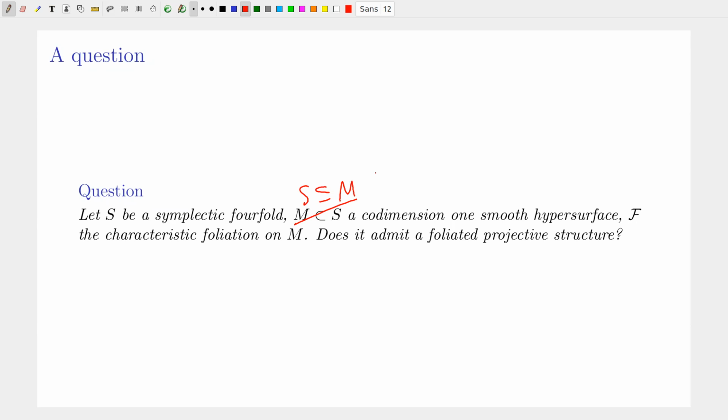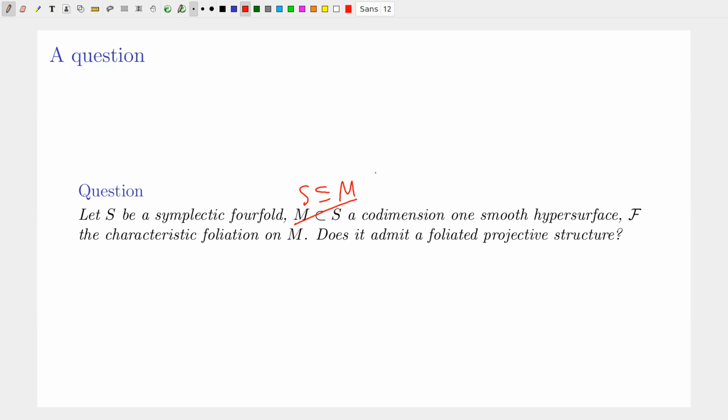So your symplectic form, its kernel will induce a foliation by curves on this threefold S. And for this foliation, our index theorems do not give any information whatsoever, and we do not know if these foliations admit foliated projective structures. So we do not know anything about this. I think that these are interesting.